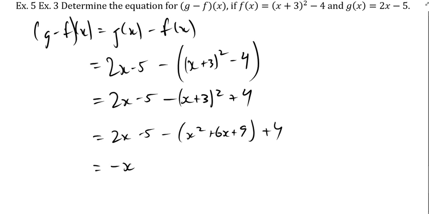So that's going to be negative x squared. 2x minus 6x is negative 4x, and negative 5 plus 4 is negative, minus 9 is negative 10. Just a bit of algebra. Doesn't seem maybe all that exciting or all that interesting yet, but trust me, it's getting there. Any questions?